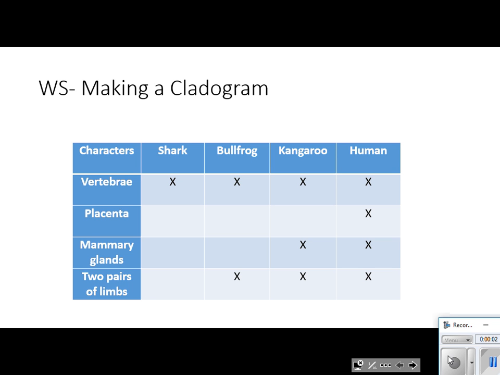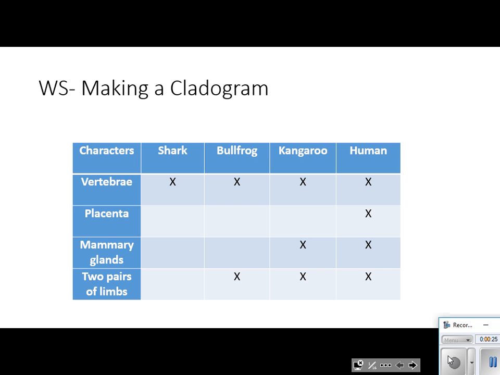When we started off with our worksheet here, you began with the data table. Now, the thing that might have been a little different with this data table was that the axes were flopped, weren't they?